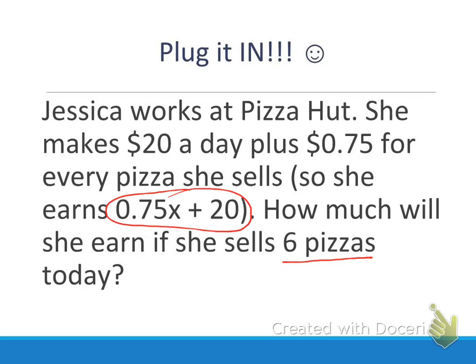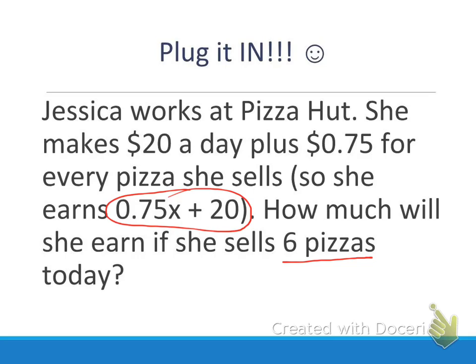So 6 is the number we're going to substitute in. And I want to talk about that for just a second. Notice that there are 3 numbers here, right? We got 20, 75 cents, and 6. But notice that 20 and 75 cents have already been used. So the one that's left over is the one we need. Okay? So we're going to put in 6 where it says the number of pizzas.